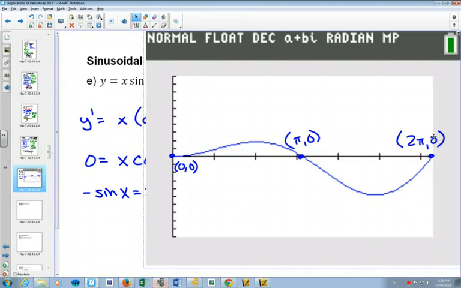We would be able to label these maximums and minimums from our graphing calculator. The only thing we can't find is our inflection point. So that's what I'm going to leave you with right now to think about before tomorrow. Because there's an inflection point right here, with your graphing calculator, how would you find that?